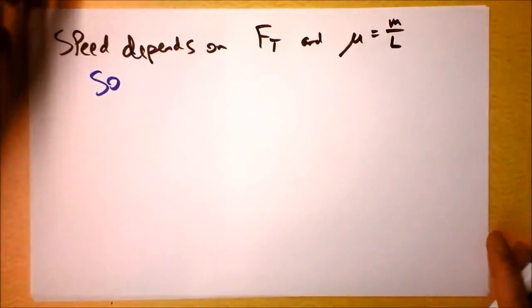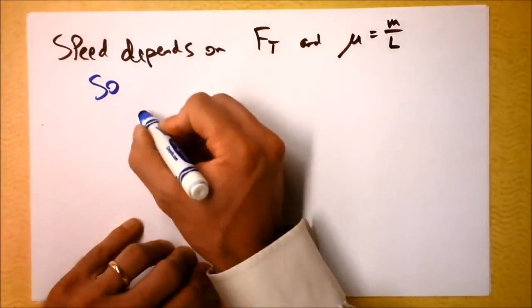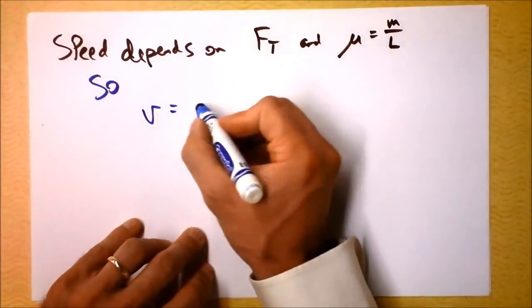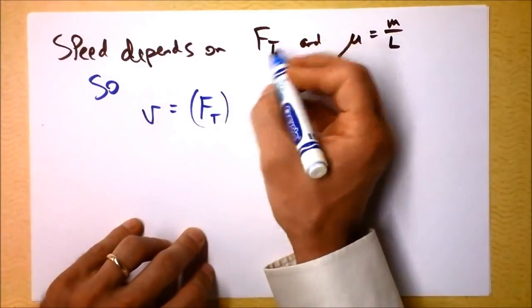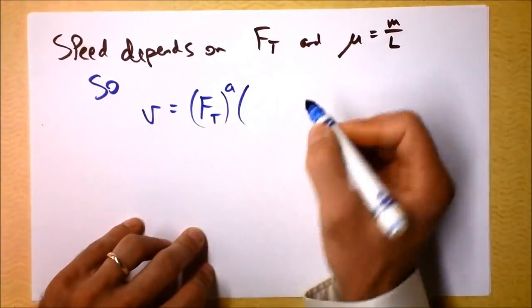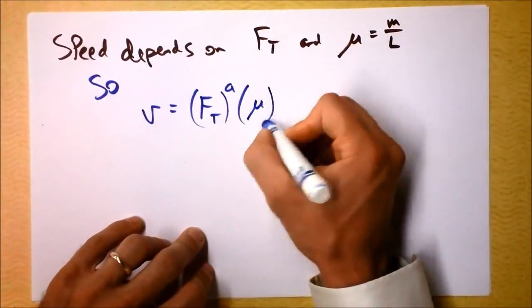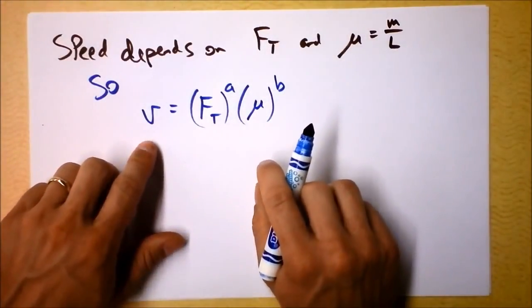I want you to try this. I'm going to ask you to pause the video pretty soon and see if you can figure this sucker out. So we say that V is equal to, well, I guess it's going to be the force of tension to some power, we could call it A, and it's going to be multiplied by mu to some power, which we could call B. And we need the units to work out.